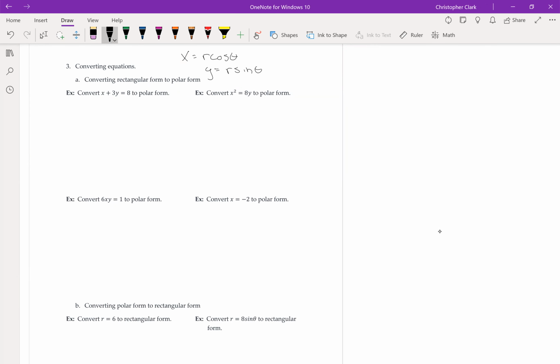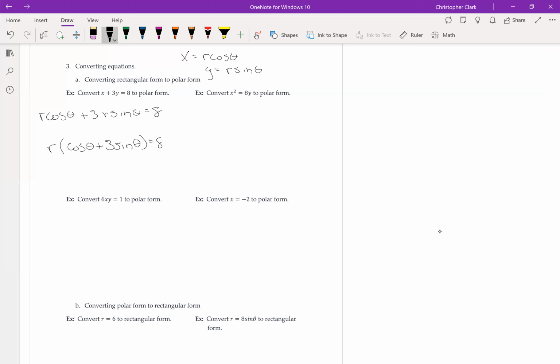So we can start off by plugging in. If x equals r cosine theta, then we get r cosine theta plus 3r sine theta equals 8. And from here we could pull out an r, so we could say r times cosine theta plus 3 sine theta equals 8.